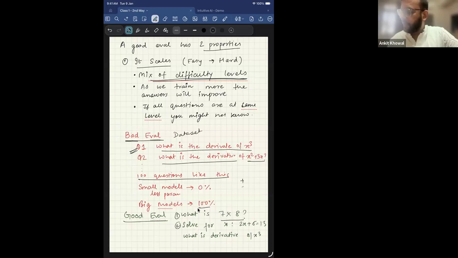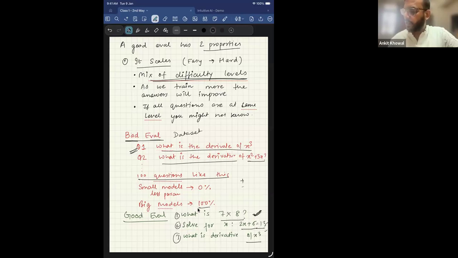The next question would be: solve for x, 2x plus 8 is equal to 13, find what is x. The third question would have been: what is the derivative of x cube. See how the eval is designed here: you have different difficulty levels of questions. So after the first few training cycles, it can answer this question. Okay, I trained it this much, it can at least answer this.